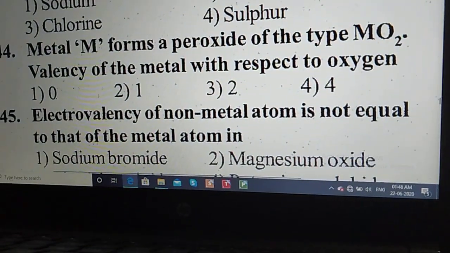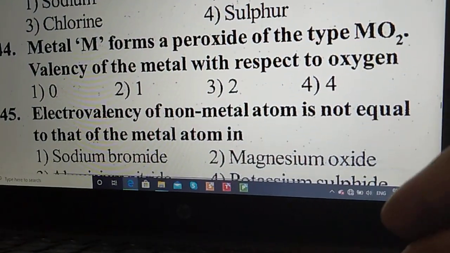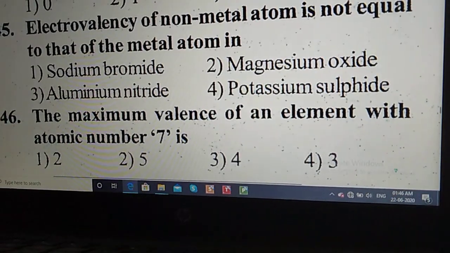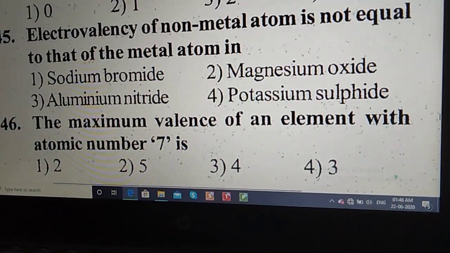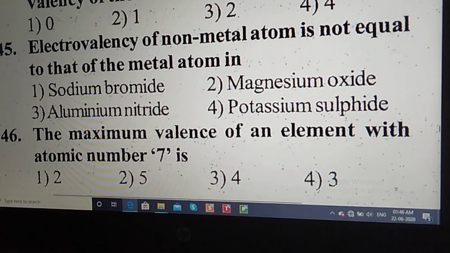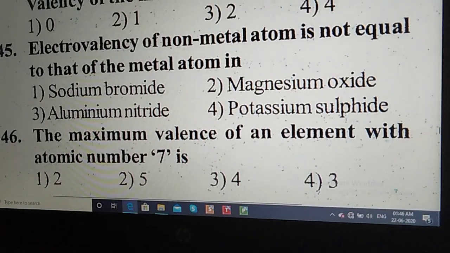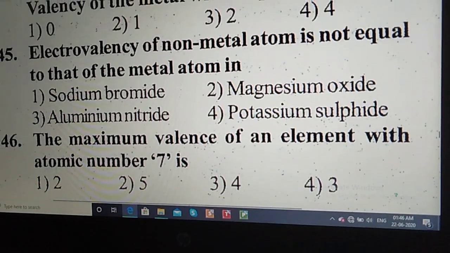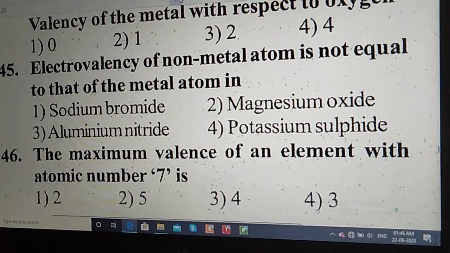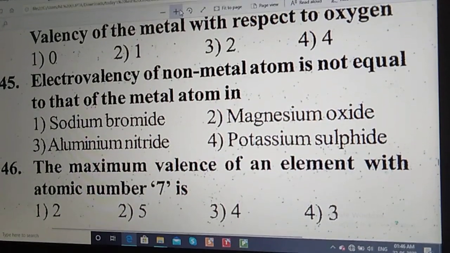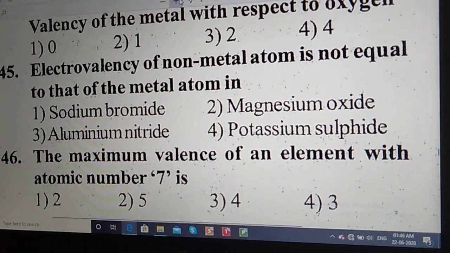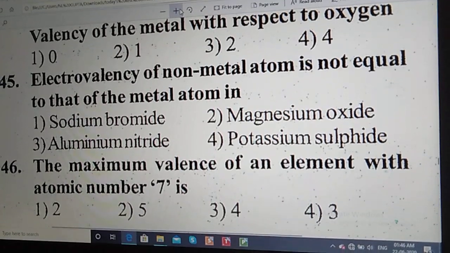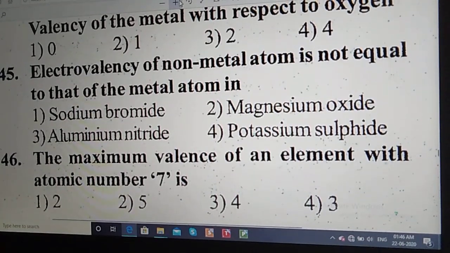Now let us move to another problem, students. Problem number 45 asks: the electrovalency of a non-metal atom is not equal to that of the metal atom in which compound?